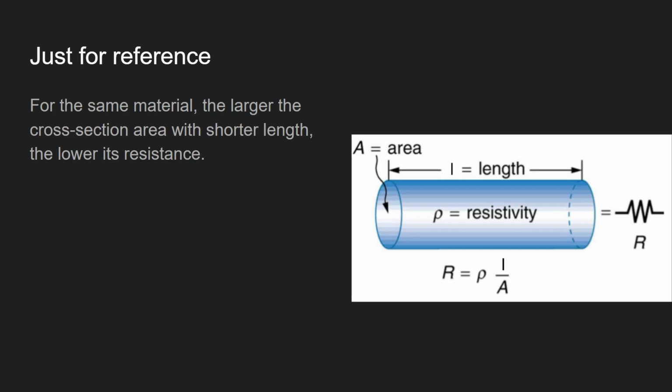So this is about different pieces of metals or different materials. They have resistivity. Okay, so this is a fixed number. Like metal, we say that it is 1, or not. I forgot. So you know that the shorter the length and the larger the cross-sectional area, the lower the resulting resistance will be.